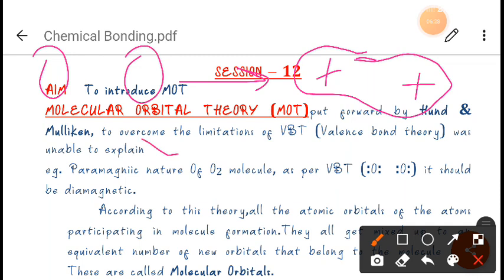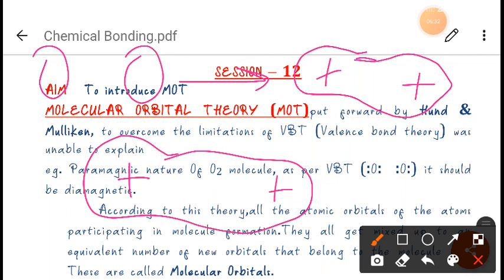What I mean to say is that they are polycentric, and electrons are free to move anywhere within this region. Now next, molecular orbitals are formed only by those atomic orbitals which are of comparable energies.